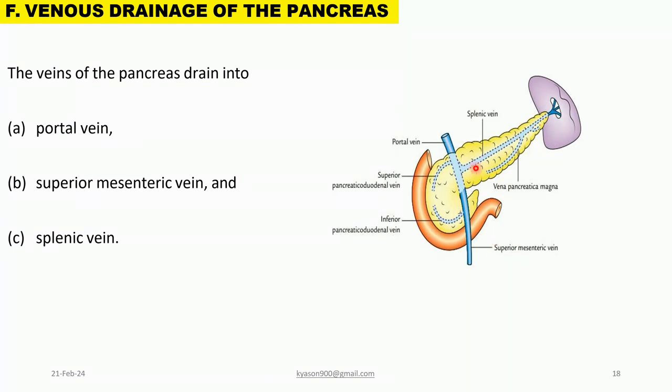Then the body and the tail of the pancreas are drained by multiple tributaries that are going to later join the splenic vein along its way. Here we're seeing just one tributary, but there are quite many that are going to pour into this splenic vein along its way behind the body. Okay, so that's the venous drainage.